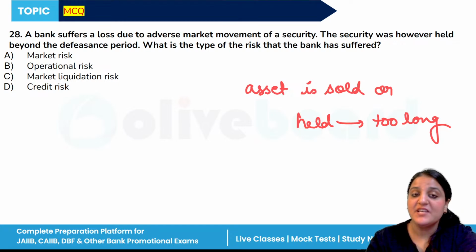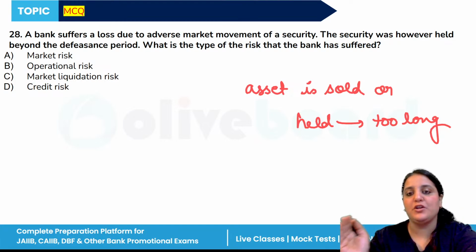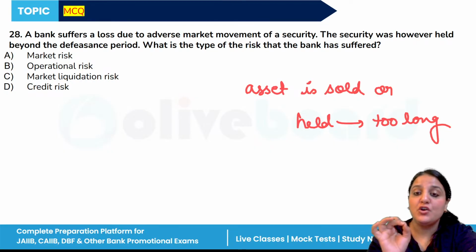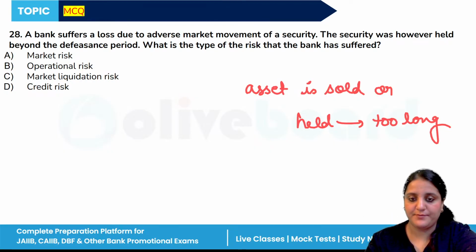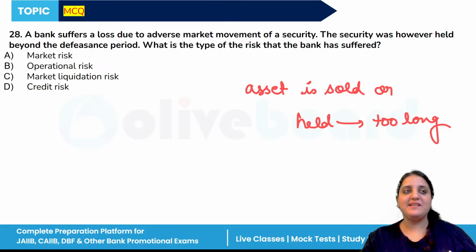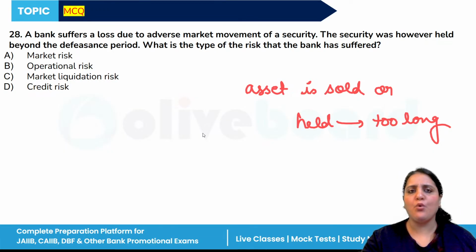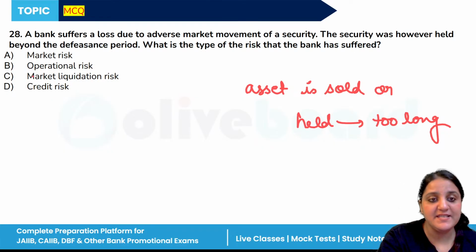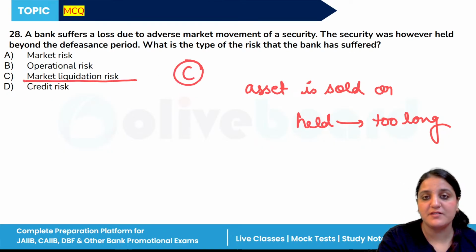And price changes lead to the losses. It is different from normal market risk because timing of sale causes the additional loss. Suppose a bank is holding a bond expecting to sell it after 1 month but holds it for 3 months, market price drops, that will cause the loss. So option C is correct, market liquidation risk.